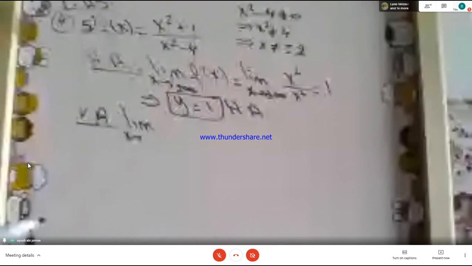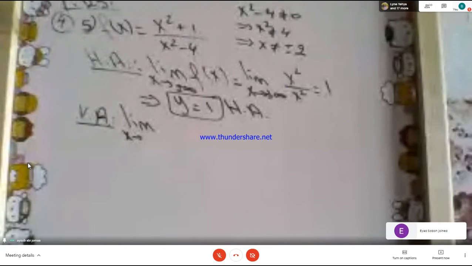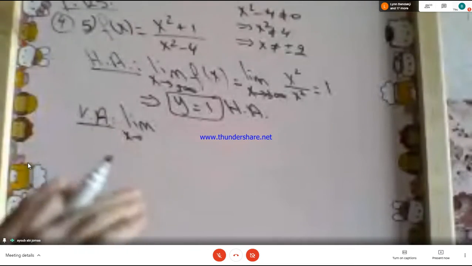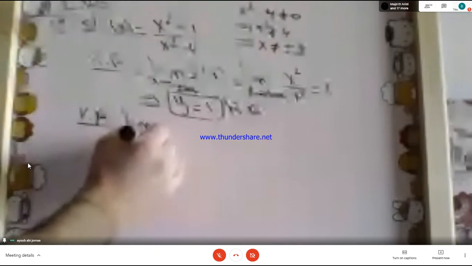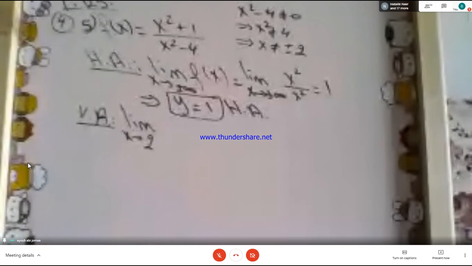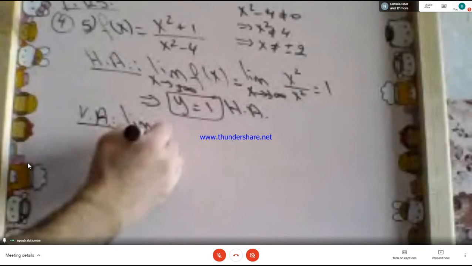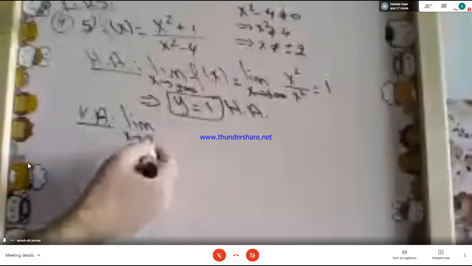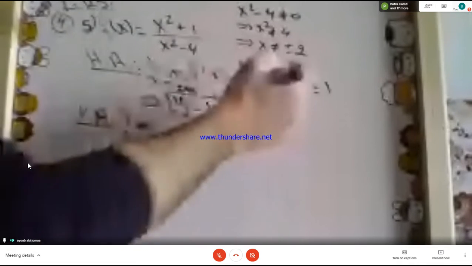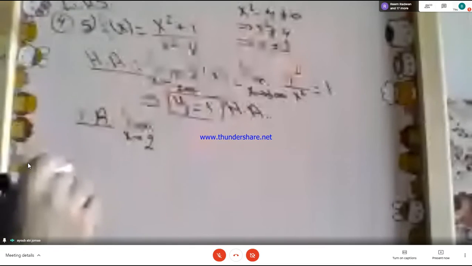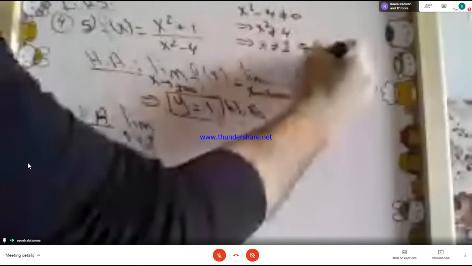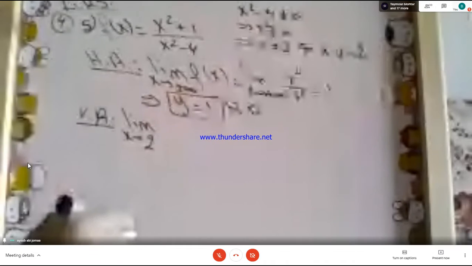If we put 2, it becomes 2 squared. Okay, let's go through them one by one. Limit as x approaches 2 minus or 2 plus? Negative or positive? Here, when I say x not equal to positive or negative 2, it means that x is not equal to 2 and x is not equal to negative 2.